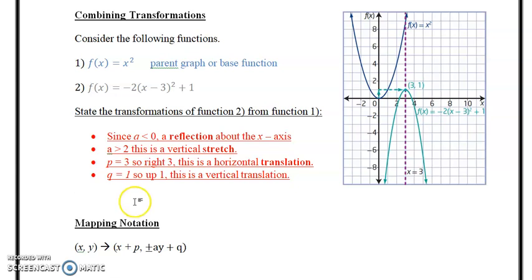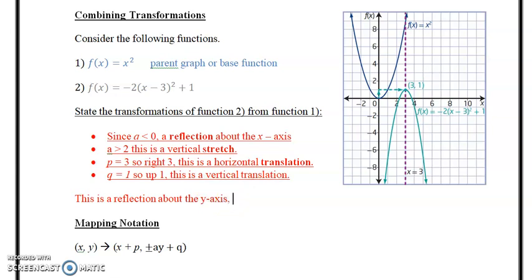So I've explained them all. We would say this is a reflection about the x-axis.